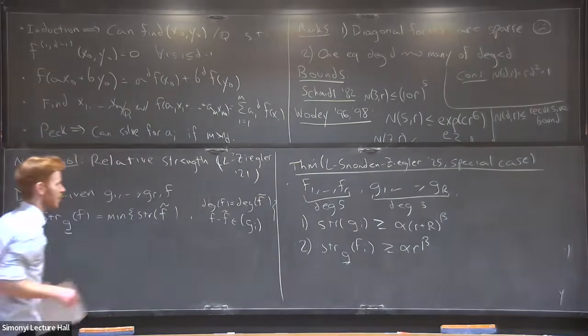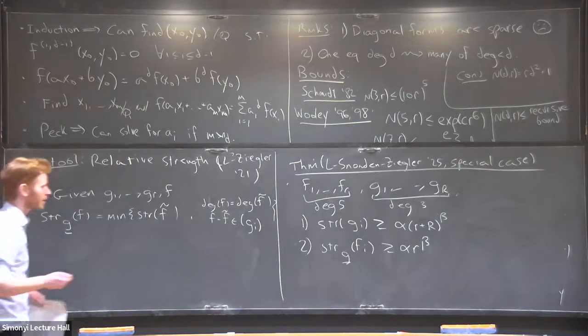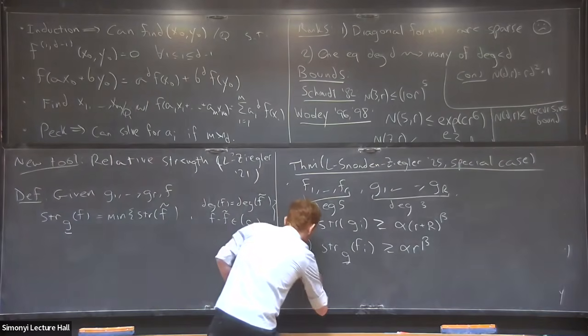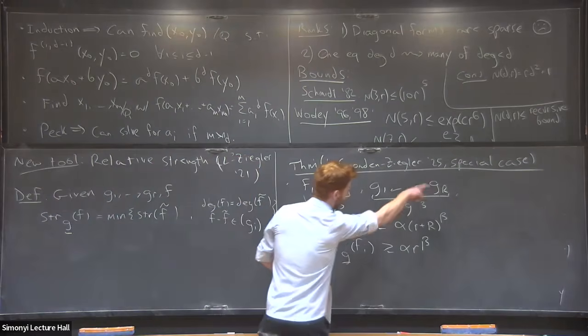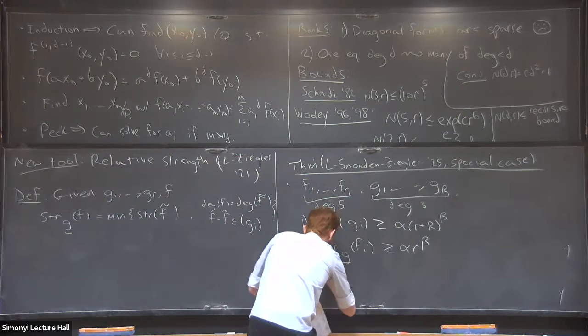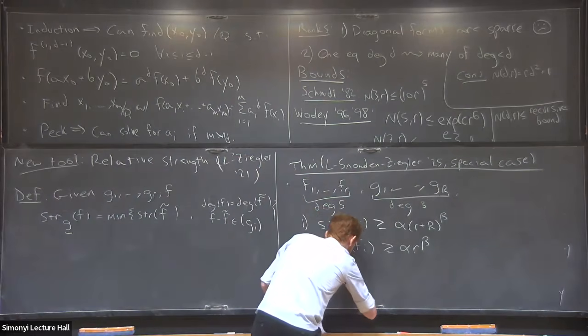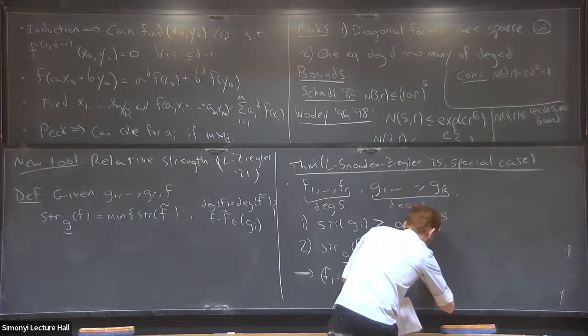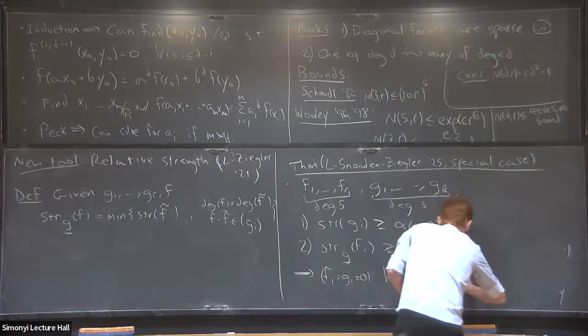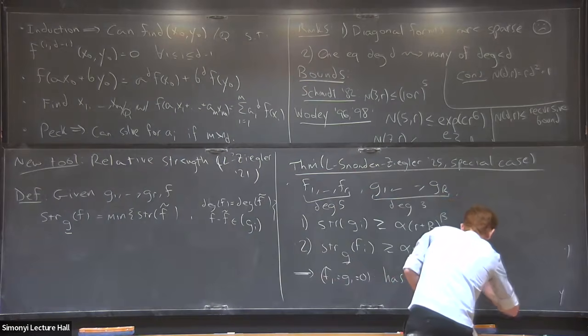I'll go through this in a moment after I finish writing it. Then under these hypotheses, the rational zeros of the F_i and the G_i are Zariski dense.